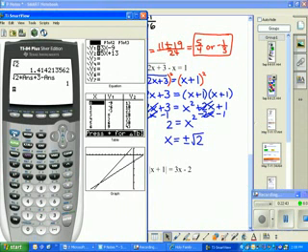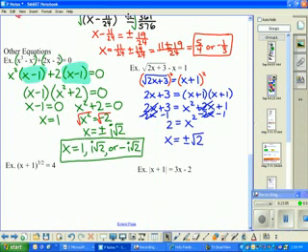So now if I go back here and insert a negative square root of 2 and do second enter, the second one doesn't work, and that's okay. So that's an extraneous solution.